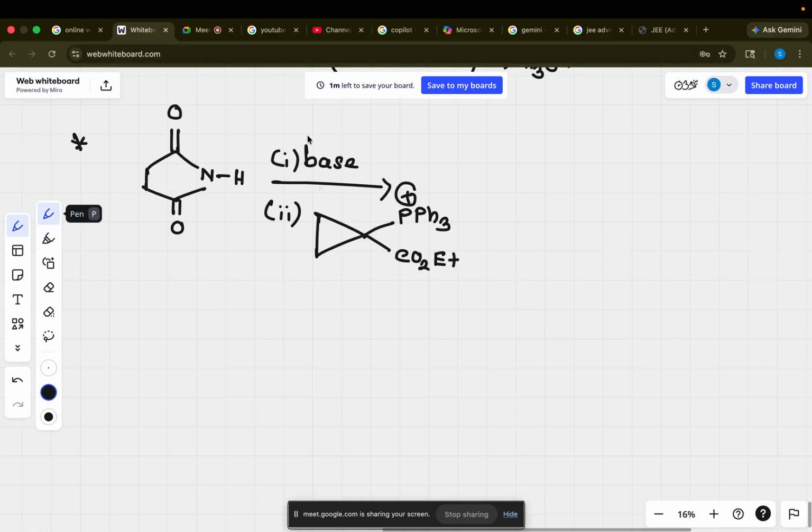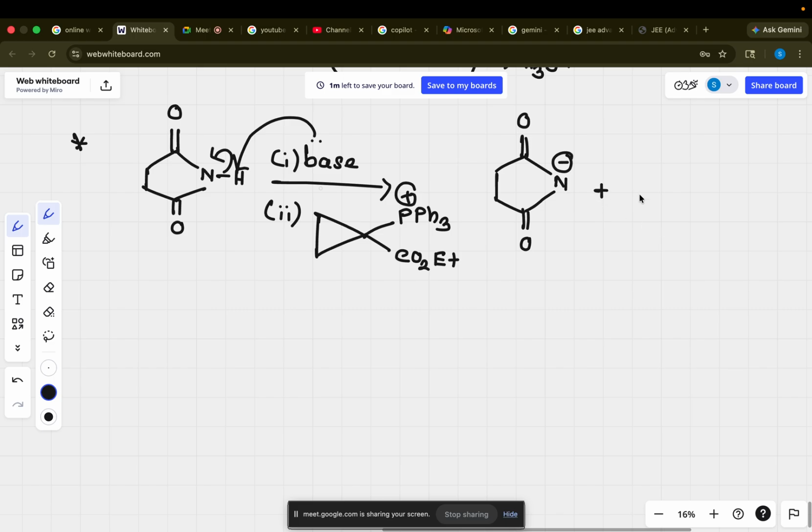So what will happen, initially base will abstract the proton from here. So what I am getting here, so here you have double bond O, here also you have double bond O, and you are getting negative charge on nitrogen, right? Now next you have a three membered ring.